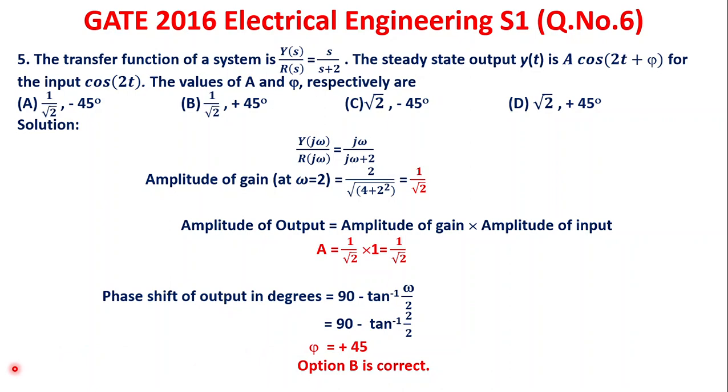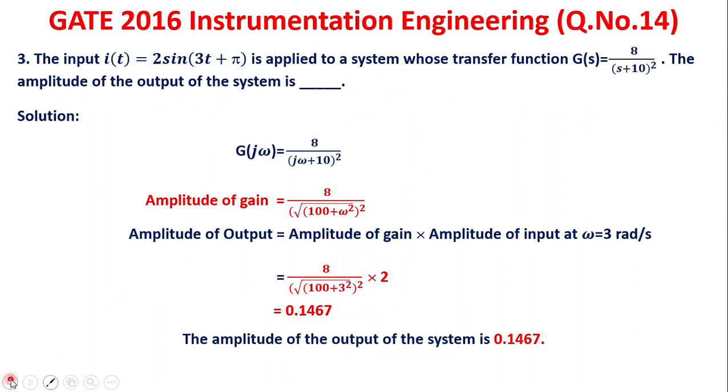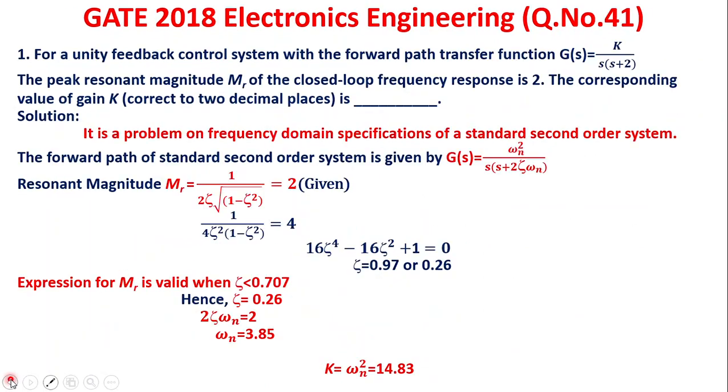So if you go through all the problems 5, problem 4, problem 3, problem 2, problem 1, all these except problem 1, all the other problems involve finding the magnitude and phase angle. That's all. Problem 1 is just finding the frequency domain specification, namely the resonant peak.